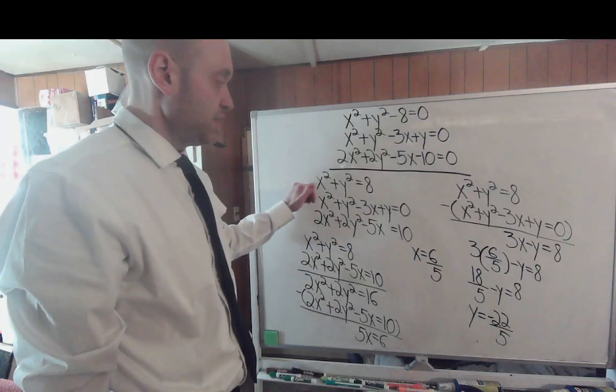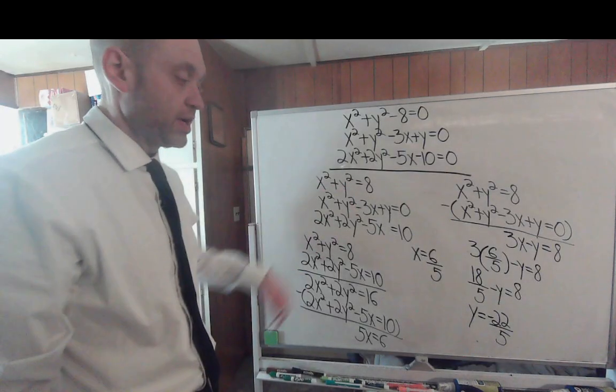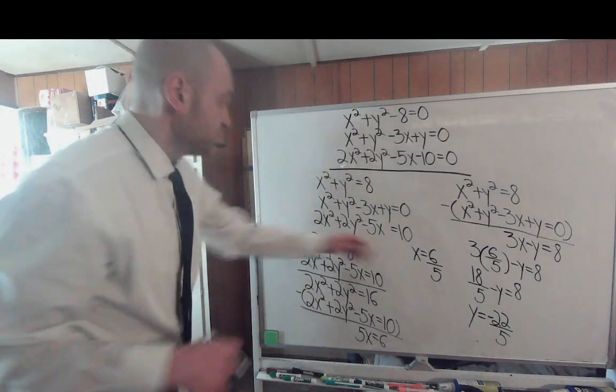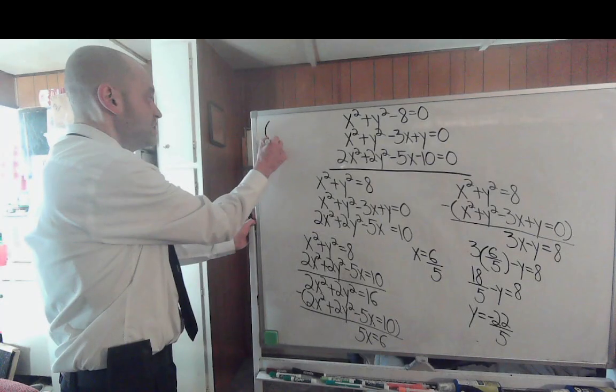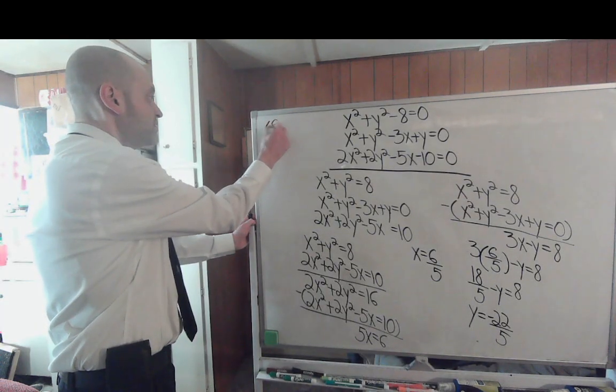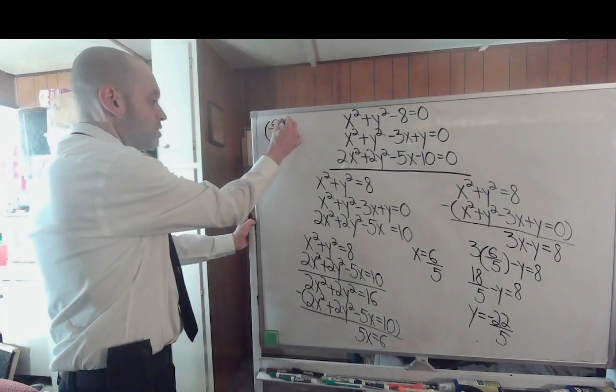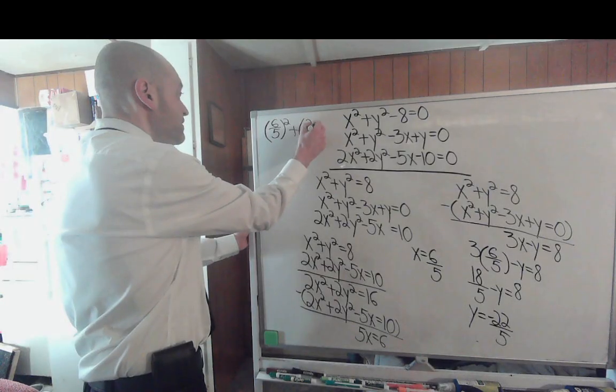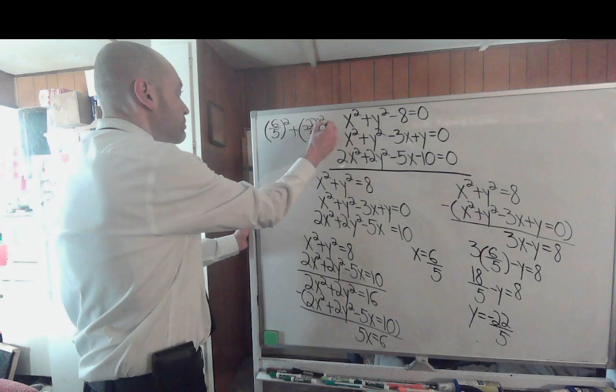So let's put it into x squared plus y squared equals 8. So x was 6/5, so this is going to be saying 6/5 to the second power plus negative 22/5 to the second power equals 8.